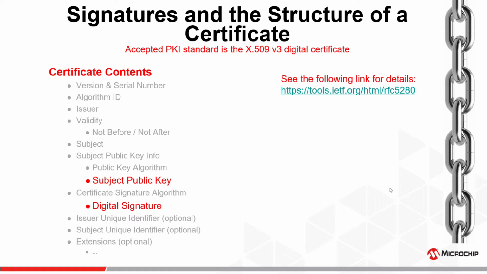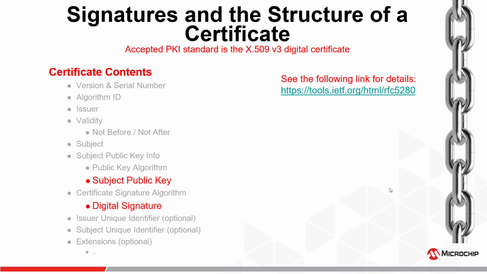Also, you might want to have a validity date or dates. So something's not valid before a particular time and not valid after a particular time. And there's all kinds of things that we can put in this X.509 certificate, along with the subject public key and digital signature.